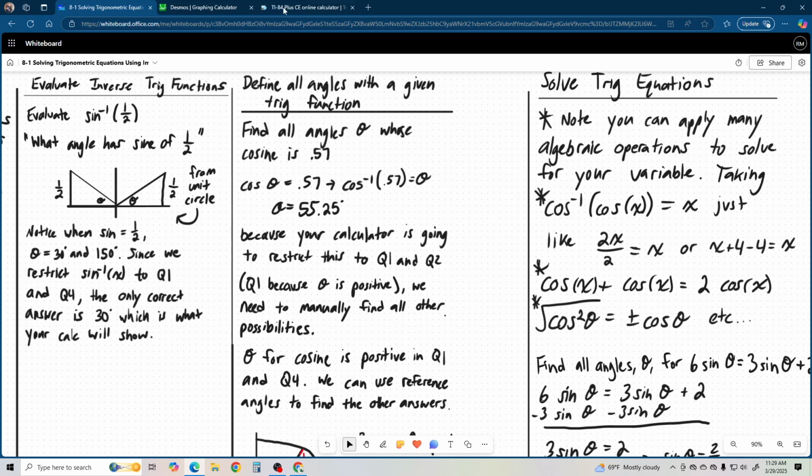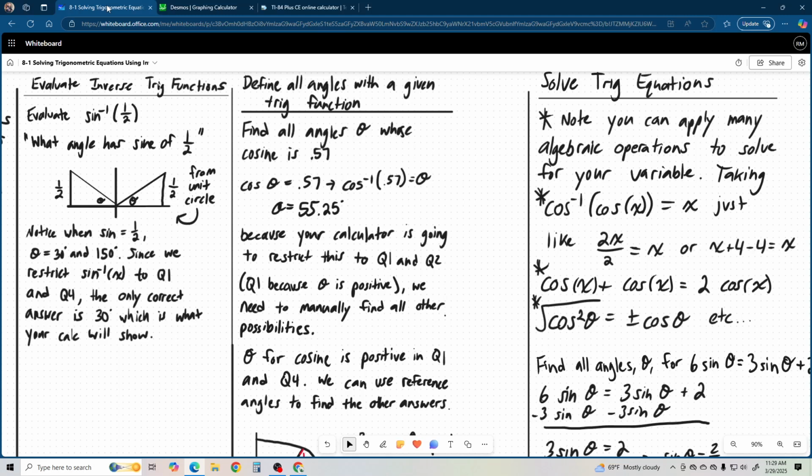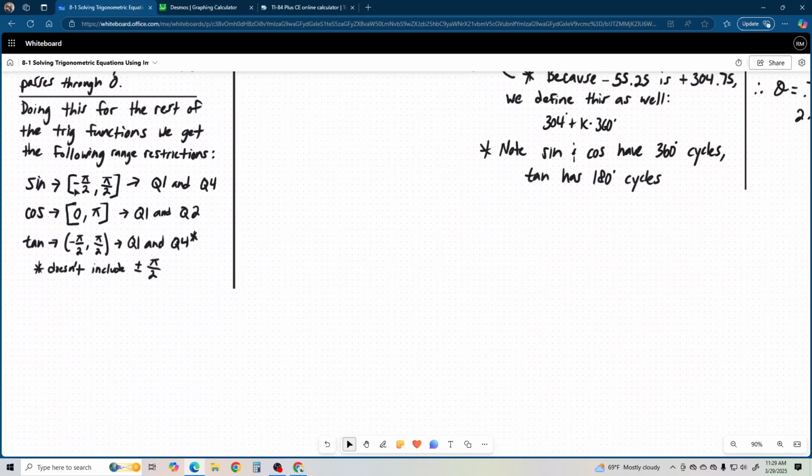So when we type this into our calculator, why does it not say inverse sine of 1/2 is 150? Why does it only say 30? Well, what did we just talk about? We just talked about the fact that we have to restrict this, right? In other words, if sine is from negative pi over 2 to pi over 2, it's actually only going to exist in this quadrant, right? I'm trying to draw this real quick, but it's not going to look very good.